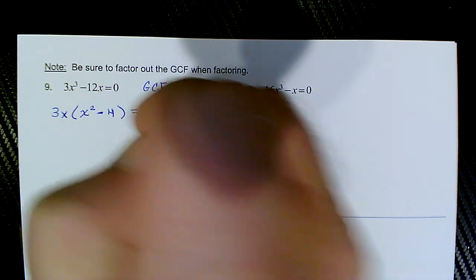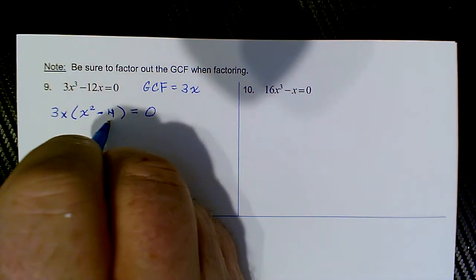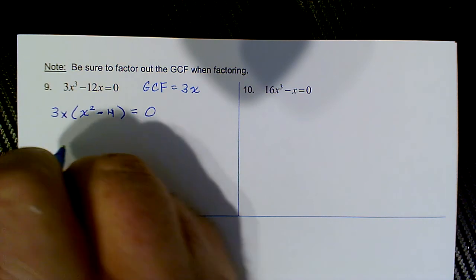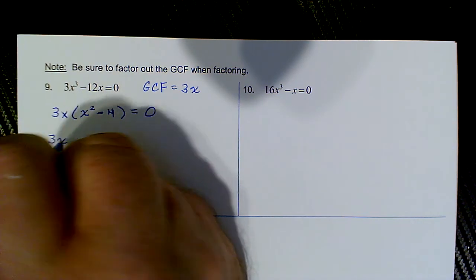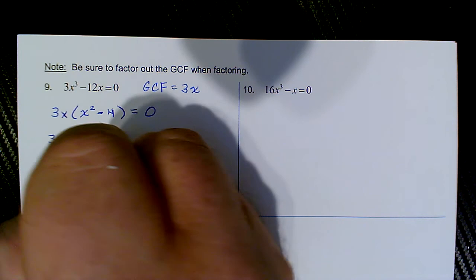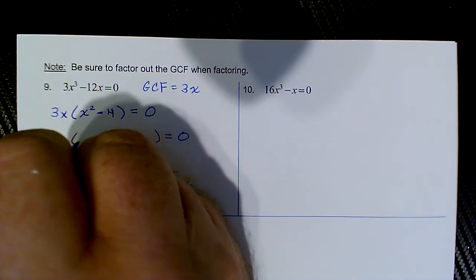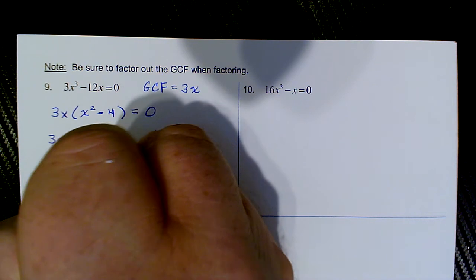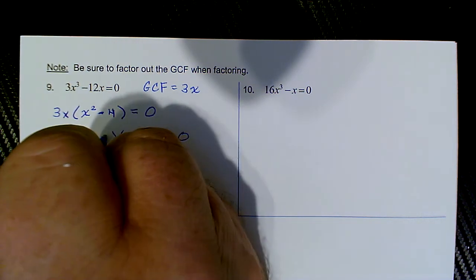So close up the parentheses, set to 0. But then recognize that what's in parentheses is the difference between two perfect squares, which can be factored. And so the x squared minus 4, perfect square of x squared is x, so x and x. Perfect square of 4 is 2, so 2 and 2.